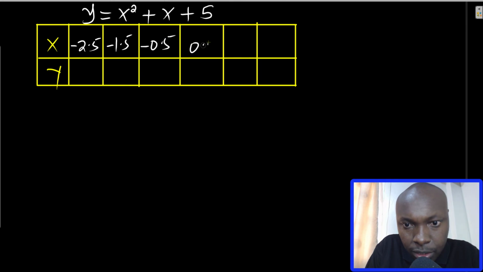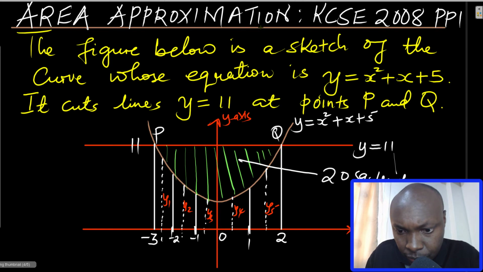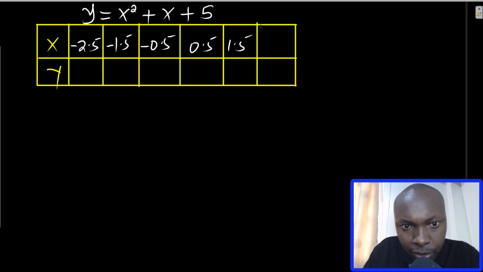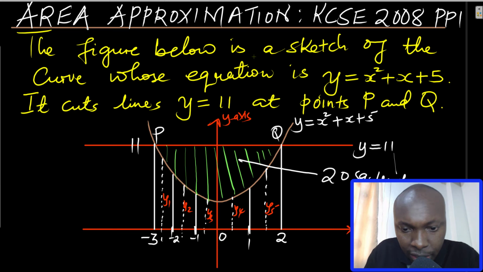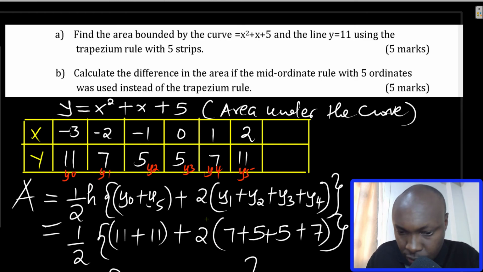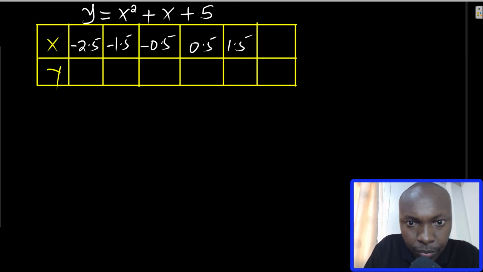Then from there 0.5, then 1.5. 1.5 is the last one, so they should be 5. So 1, 2, 3, 4, 5. So those are the mid ordinates. I've just extracted them from here. So this will give y1, this will be y2, y3, y4, and y5.